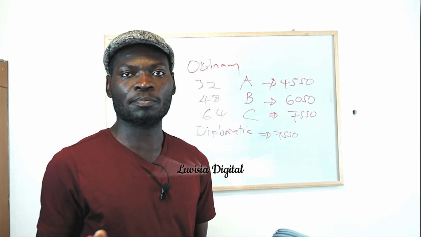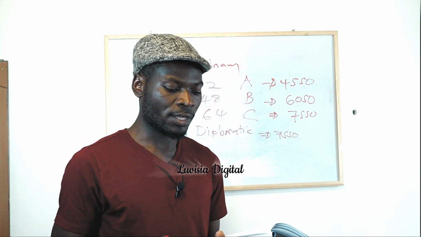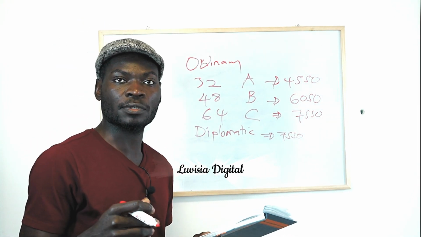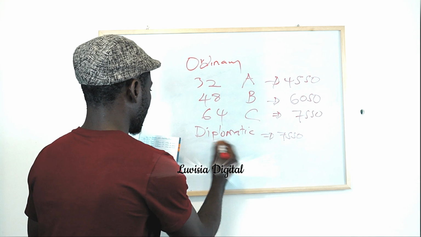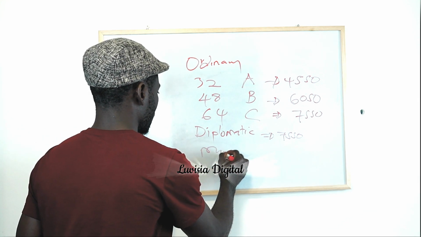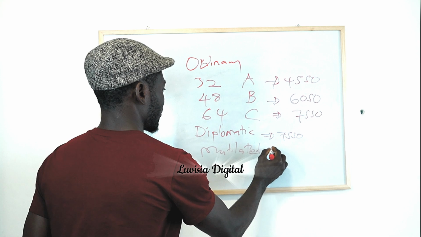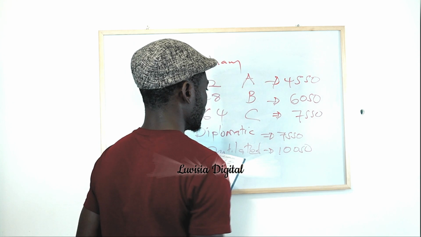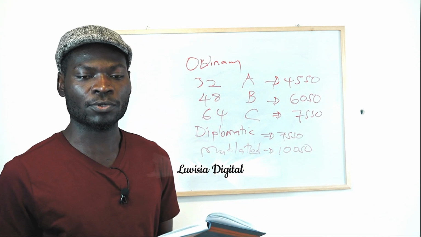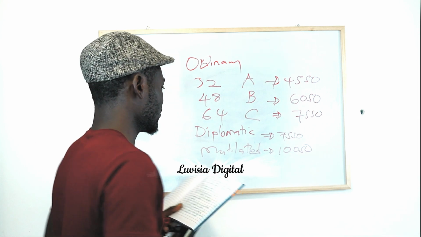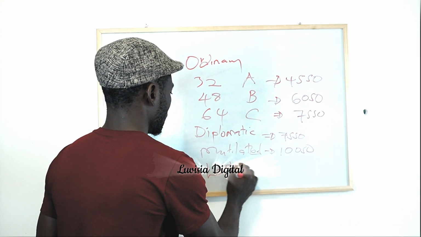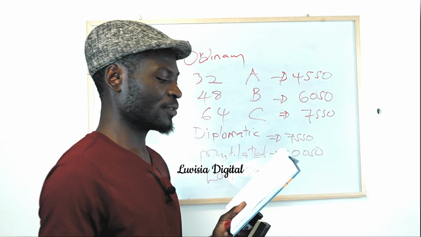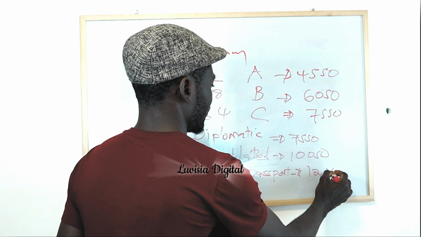We have two more categories. We have the mutilated passport, the one that is damaged. Then we have the lost passport. For those who have damaged their passport, they will apply for a mutilated passport, which costs 10,050, and for lost passports you will pay 12,050 Kenya shillings.